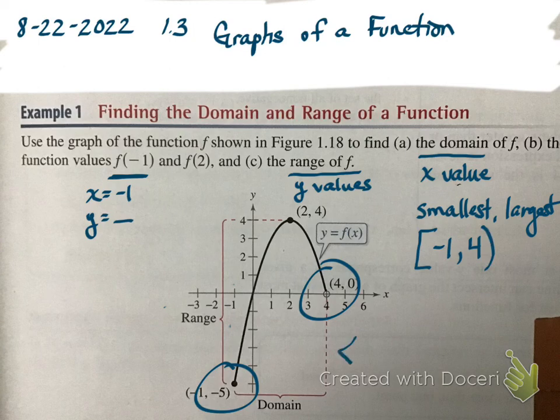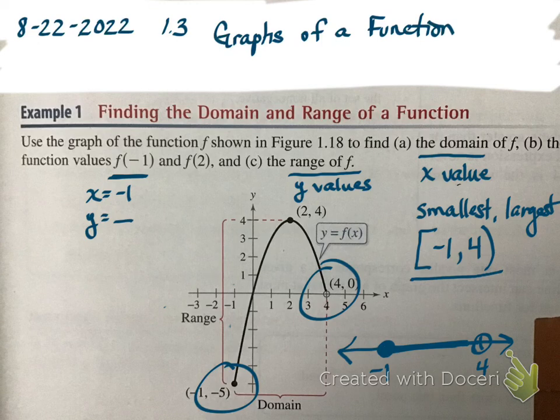And it's kind of like if you picture these on a number line, and you have from -1 to 4, and you have a closed circle and an open circle. The bracket and the parenthesis are directly related to this.